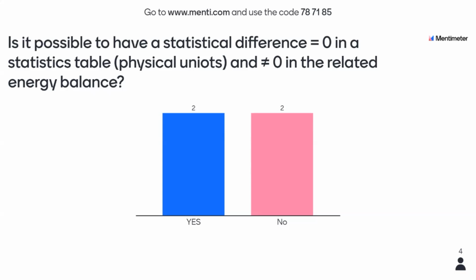And so to have a statistical difference that is 0 in both physical tables and energy tables, we will need to have a perfect use of calorific values in terms also of weighted average, different products, etc. So this is something that is difficult to achieve in reality. So it is possible to have a different statistical difference in statistic tables, so in physical unit and energy unit. And this is due to calorific values.